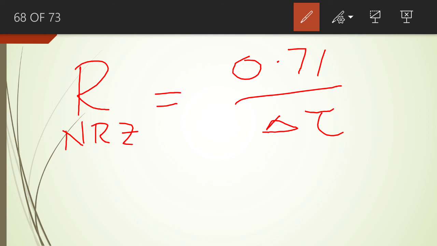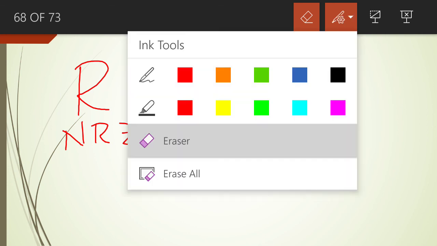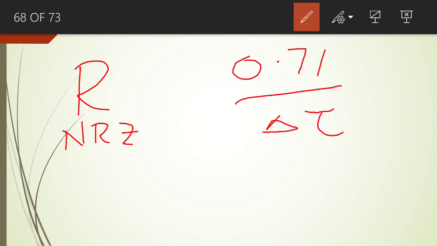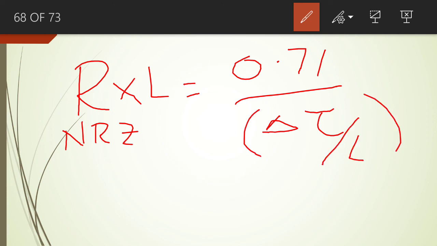So if we multiply both sides of this equation by the length of the information channel, I will get the equation for this product.